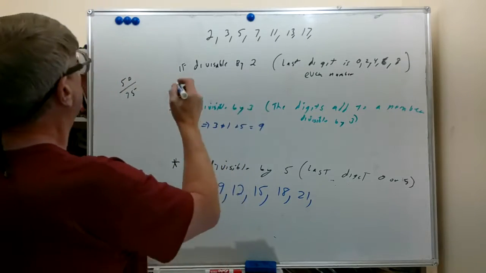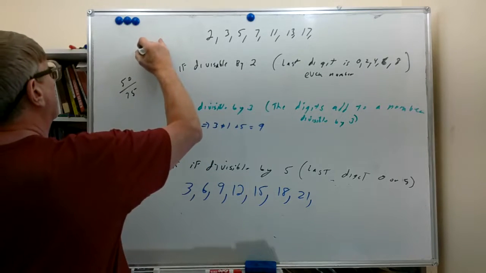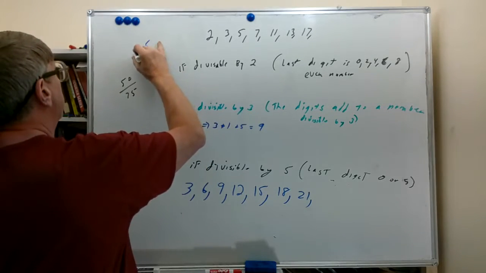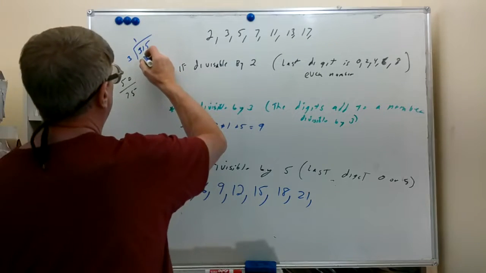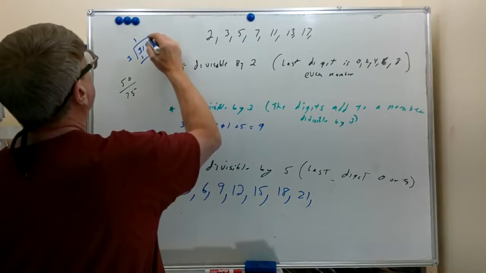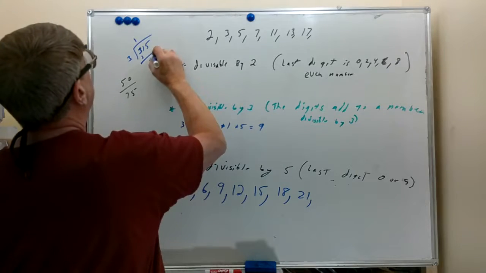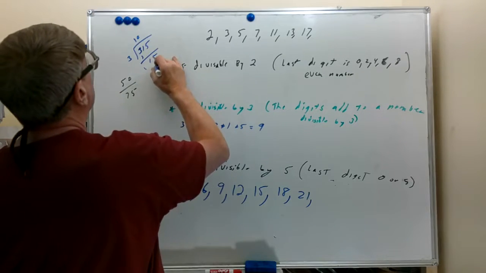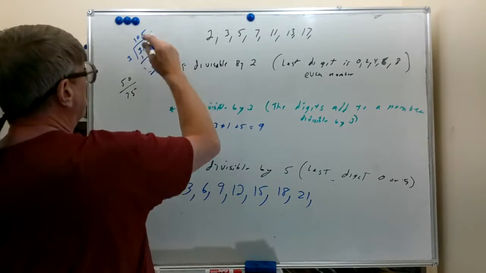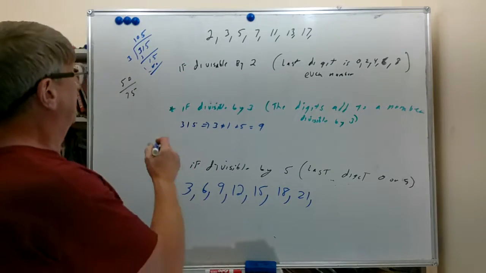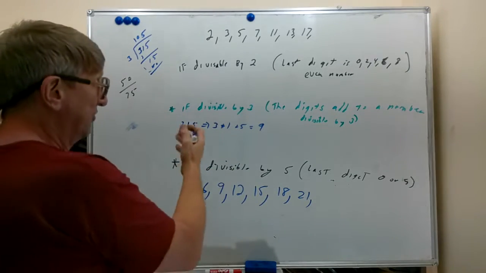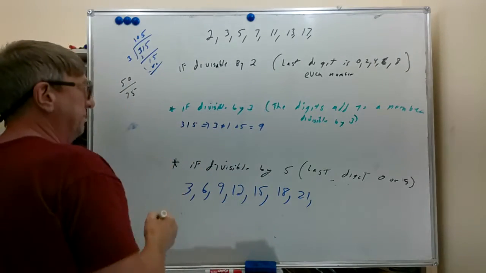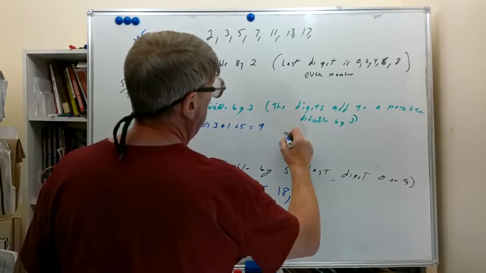Let's do the division and see if it works out for us. 315. 3 into 3 is 1. Subtract that. 3 into 1 is 0. 3 into 15 is 5. So yes, 105. And it's easy enough to see that 3 times 105 is going to be 315. So our test worked out. Let's try another one. 333.